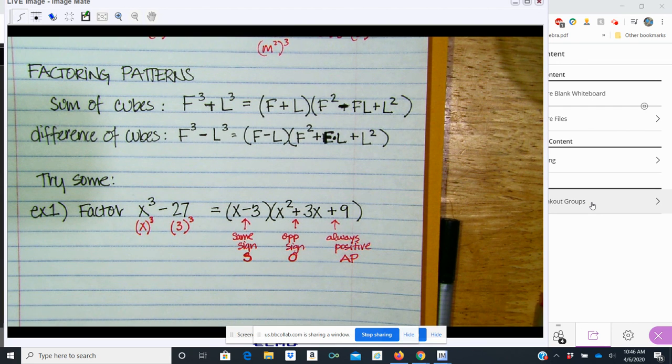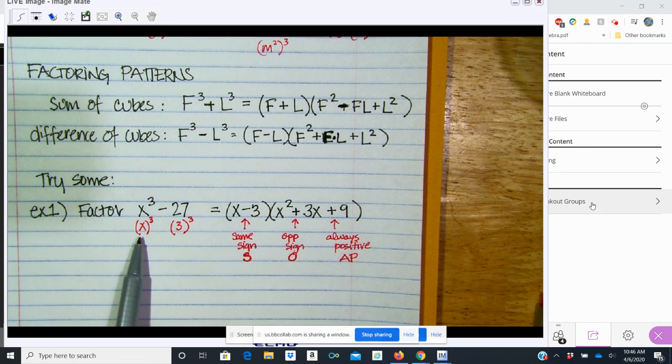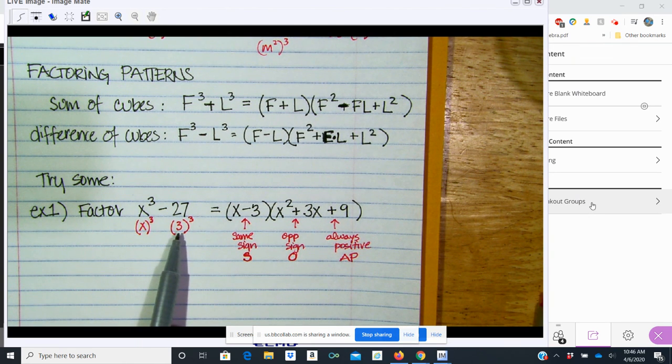Questions for me? The cube root of 27 is 3.